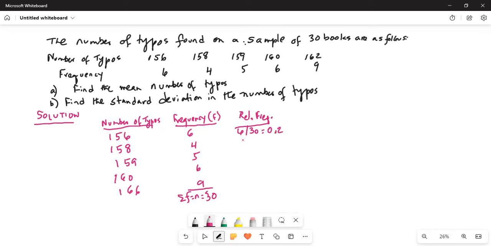Next one is 4 divided by 30, and that is equal to 0.133.